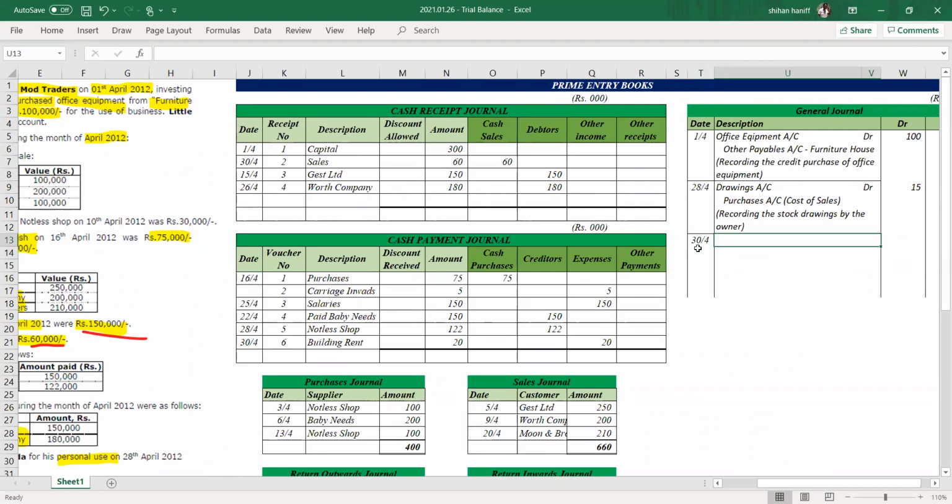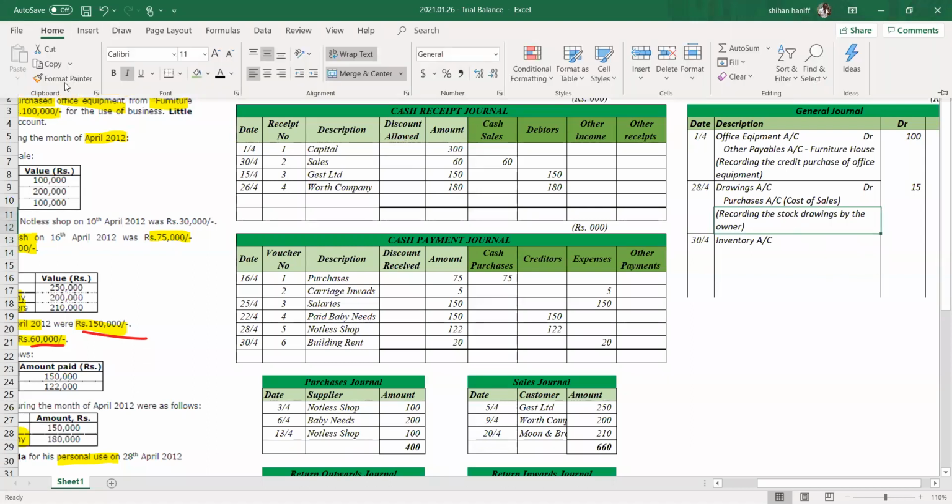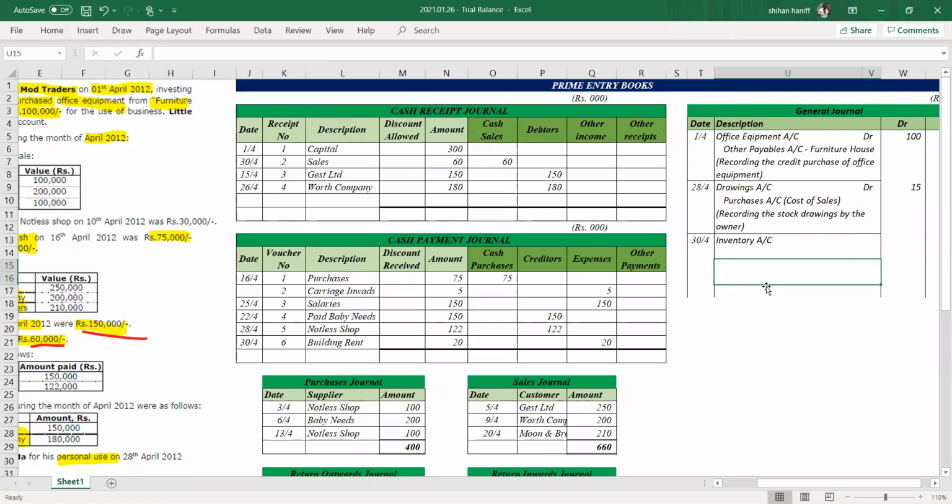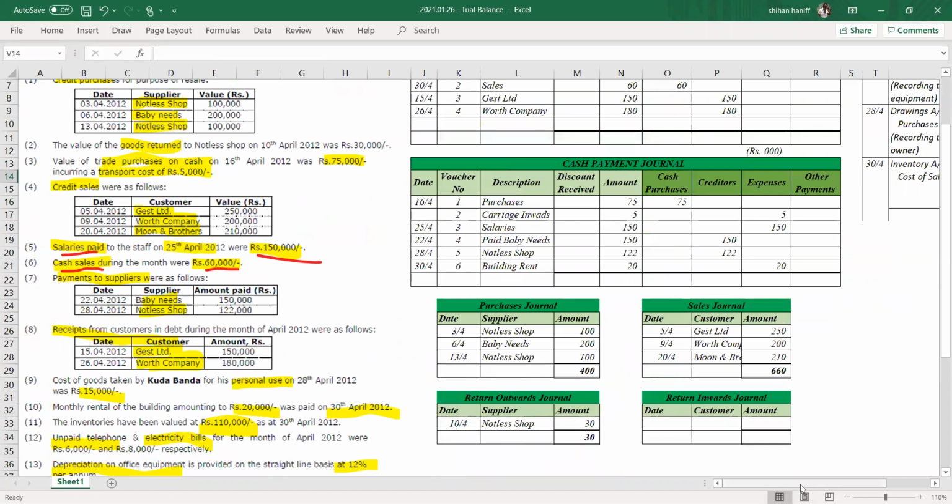Double entry for the closing inventory. Inventory account debit. Cost of sales credit. 110,000.